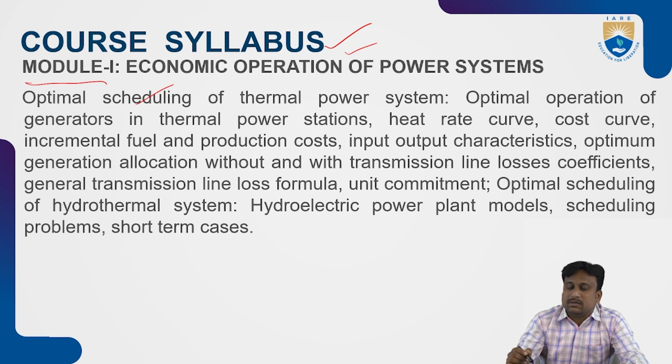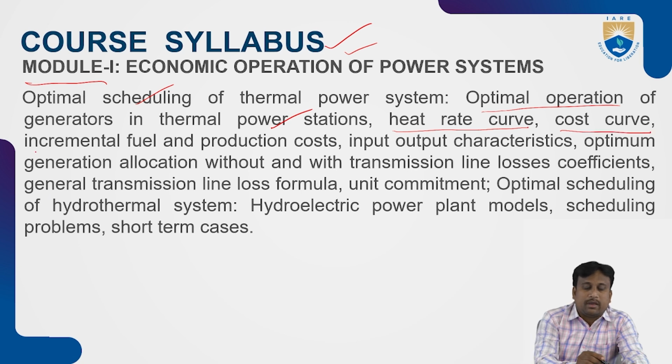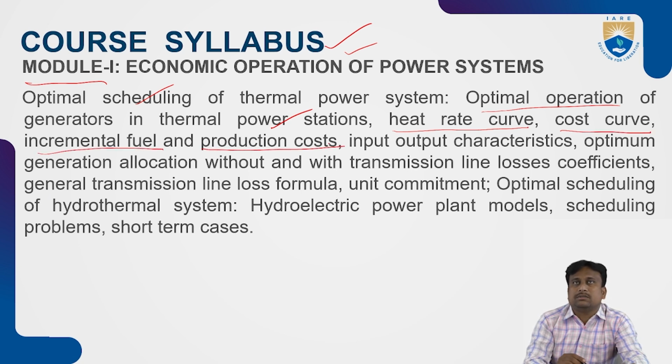Here we will introduce optimal operation of the generators in thermal power system networks. It goes with some parameters called heat rate curve, cost curve, incremental fuel costs, and production costs. These will define the performance of the power system network.